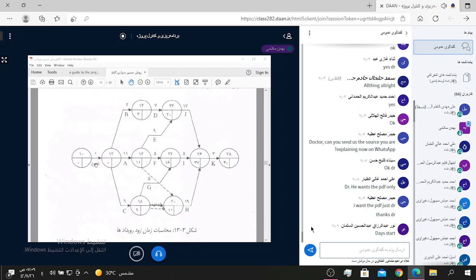And you can see the number above the arrow. This number is duration of activity. For example, for activity start, duration is 0. For activity A, duration is 11. For activity B, duration is 3.